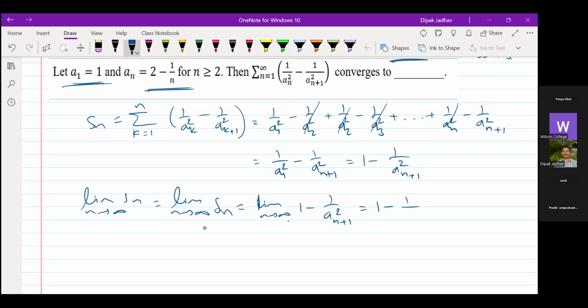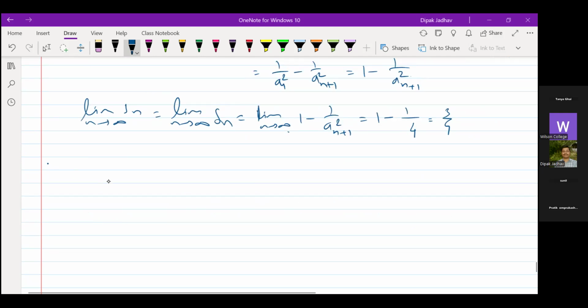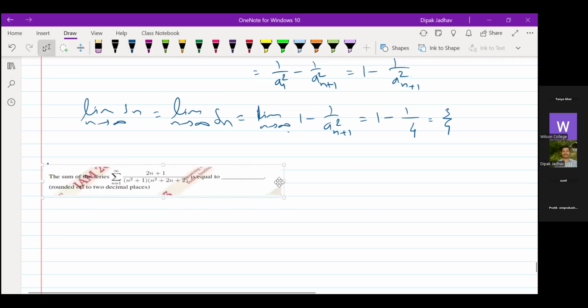An goes to 2. So an square will go to 4. So this is 3 by 4. Yes, sir. Very good. Let us have a similar kind of interesting question. Visible to all of you.